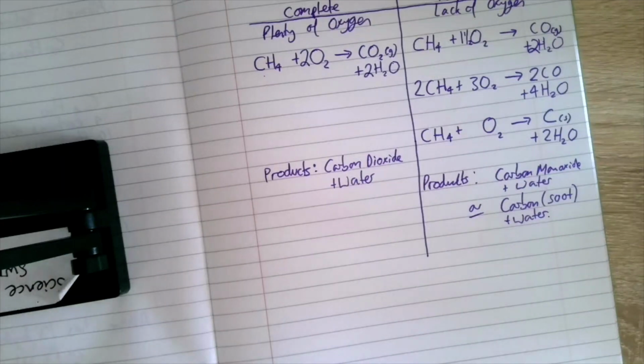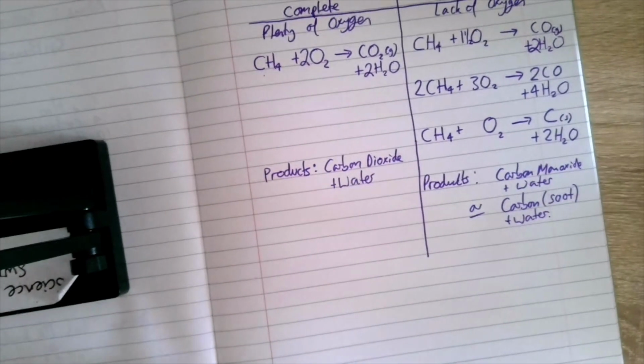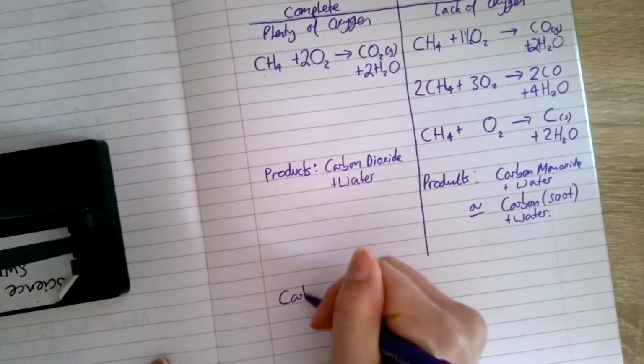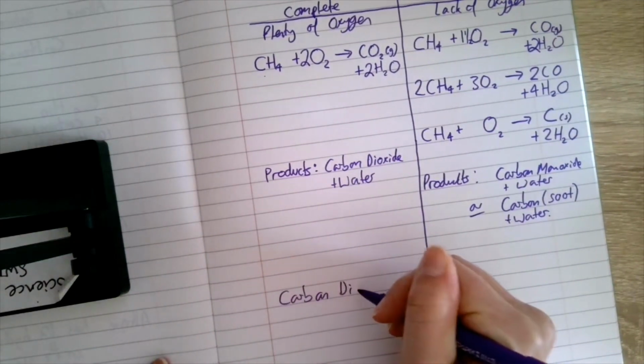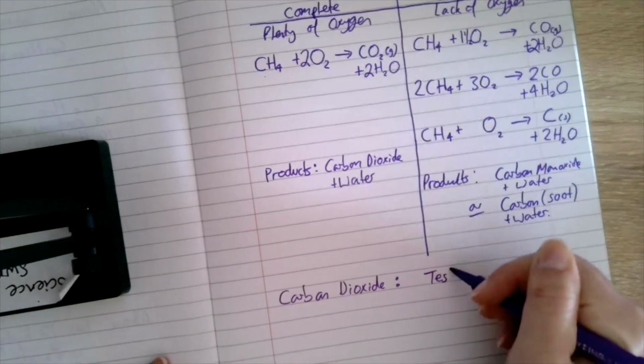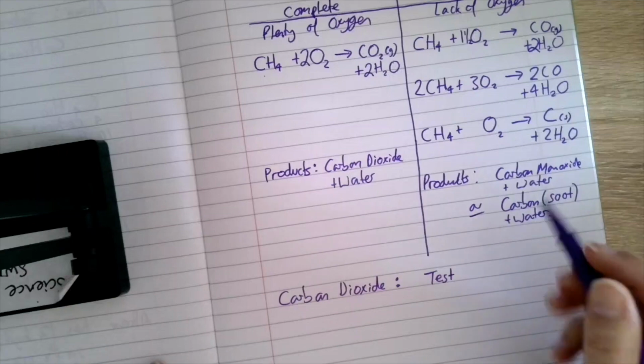How we can detect our products of complete combustion. So carbon dioxide, we test for using lime water. You might have come across this before, but we will definitely be looking at it when we go back.